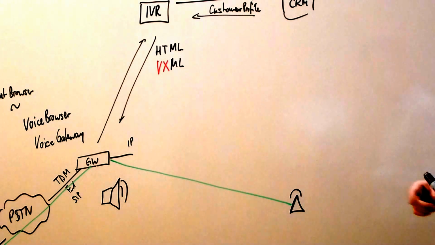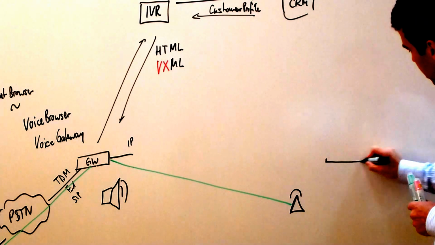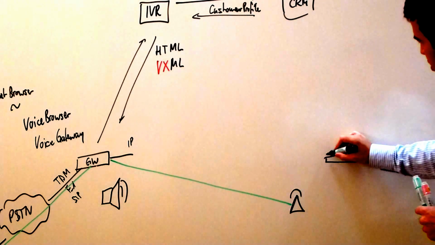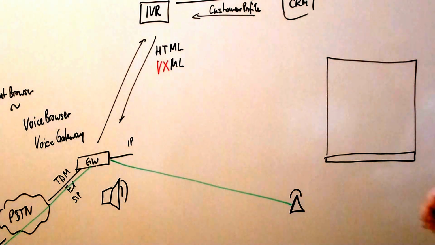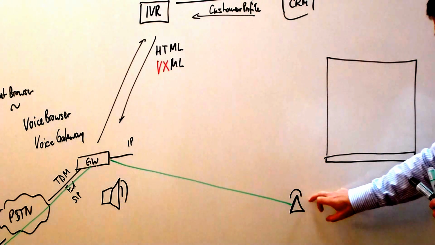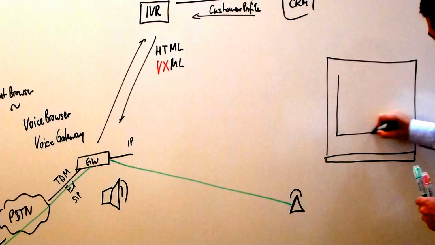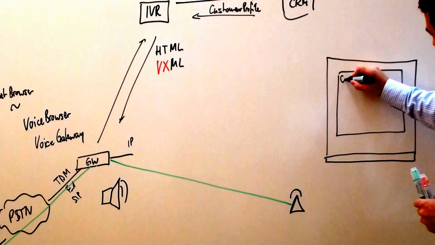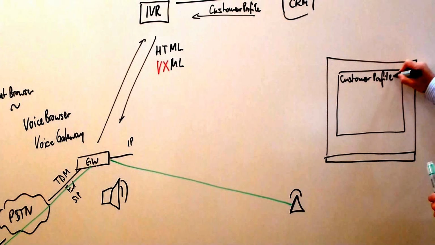At this point, the control over the phone is handed over to the agent's desktop, so this is the computer or the desktop of the agent. And at the same moment this phone rings, you can display the customer profile in the CRM.